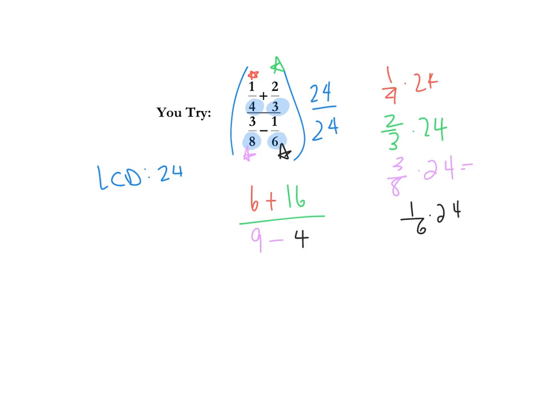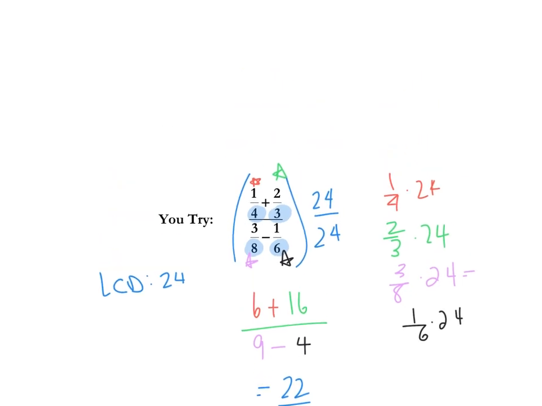And then go ahead and just do the math, and you get 22 over 5. So find the least common denominator of all the fractions, and then multiply and simplify.